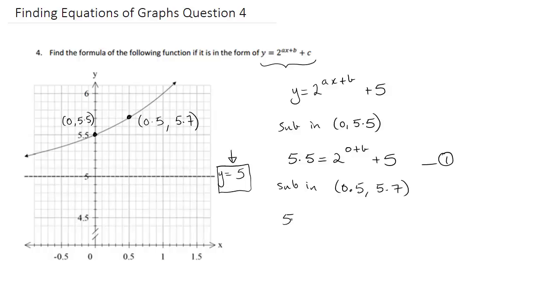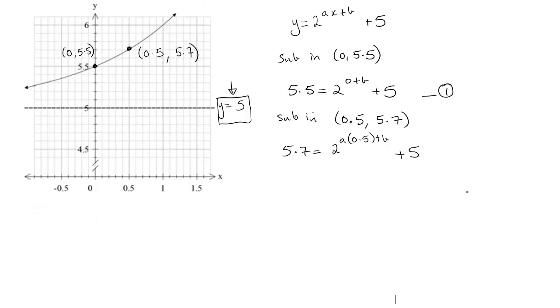So 5.7 equals, let's have a look, it's going to be 2 to the power of ax plus b plus 5. The x in this case is half. So it's 2 to the power of a times half plus b, plus 5.